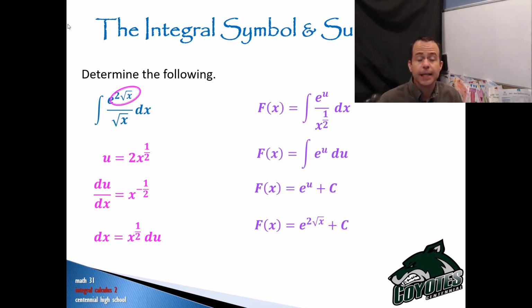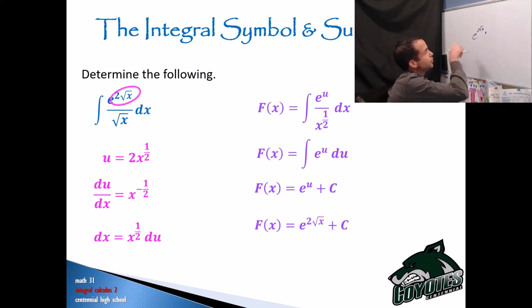And again, if at any point in time you don't believe me or you don't believe yourself, take the derivative of this and you'll get back to where you started, right? If I want to take the derivative of e to the 2 root x, it'll be e to the 2 root x times the derivative of the inside function.